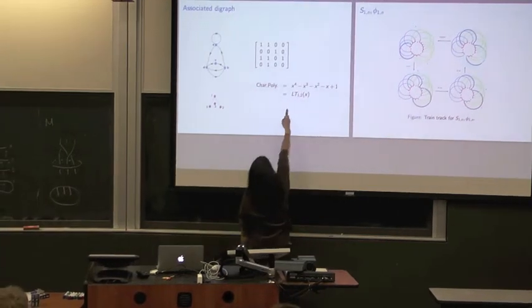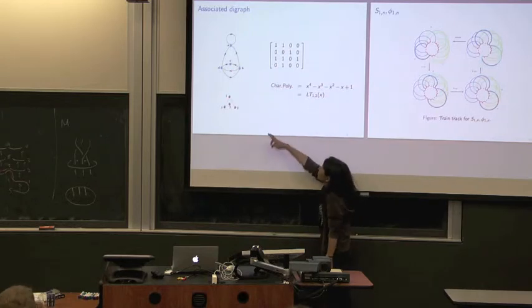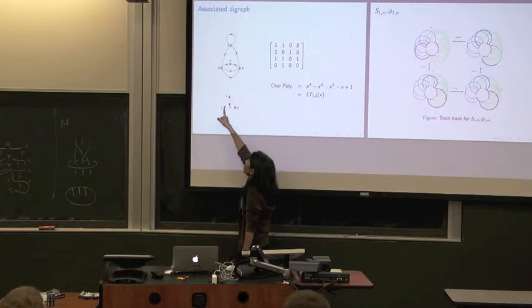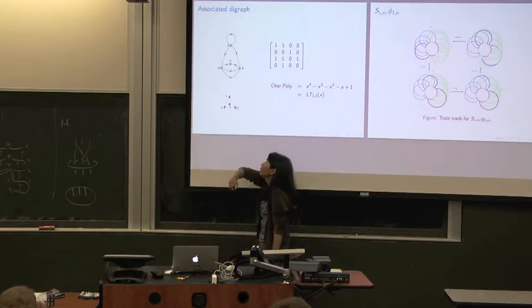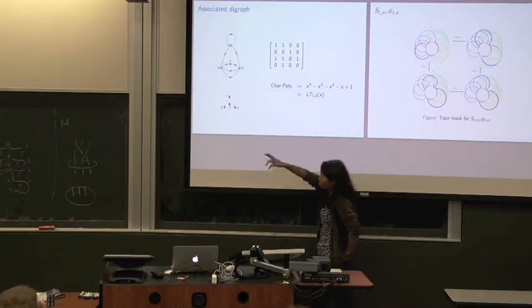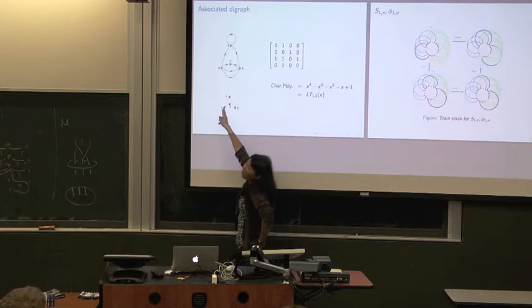Okay, so look at the characteristic polynomial. It's x to the 4th, so it's going to be x to the 4th minus, for every vertex, you're going to put x to that power. So x cubed twice, so 2x cubed, but minus because it's going to be alternating sign.